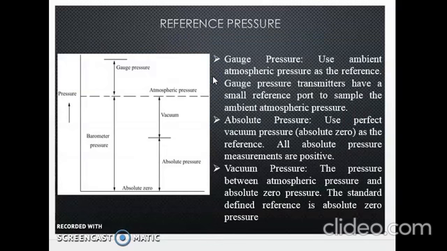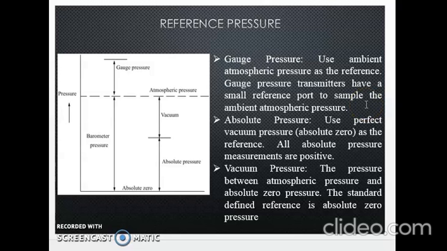In industry, different references can be taken for measurement of pressure. The first one is the gauge pressure. In gauge pressure, we use the ambient atmospheric pressure as the reference point. Gauge pressure transmitters have a small reference port to sample the ambient, that is the atmospheric pressure.